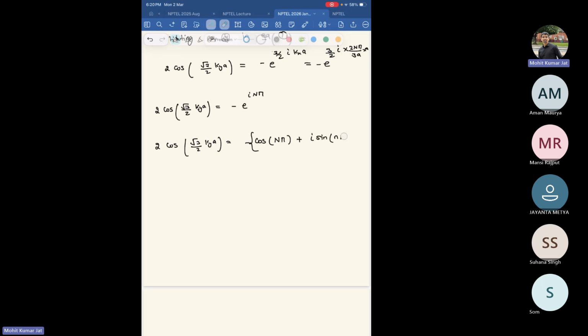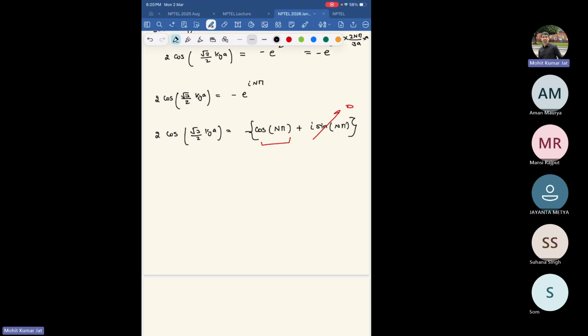For n an integer, sine n pi is always 0, so this term always goes to 0. Now the only thing that remains is cos n pi. If n is an odd integer, 2m plus 1, then cos n pi will be minus 1. If n is an even integer, then cos n pi will be plus 1, and on the basis of that we'll get the number.